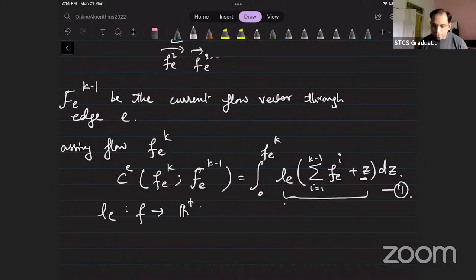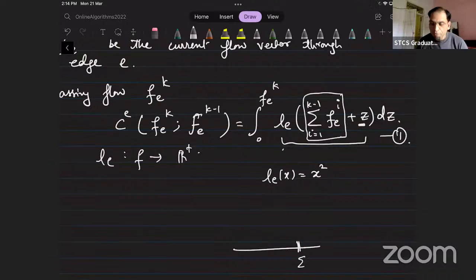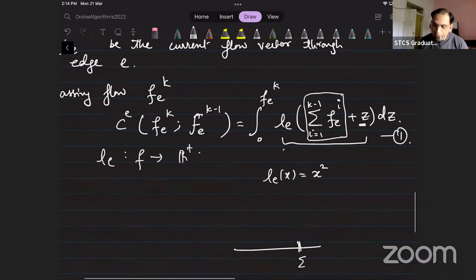So suppose your function is, let's say, l_e of x is x squared. What does this mean? You're already high enough. Remember, this is the sum of the flows currently passing through edge e already, and I'm adding an additional z. So suppose you're already at a level, the summation of f_e^i, which is quite large.